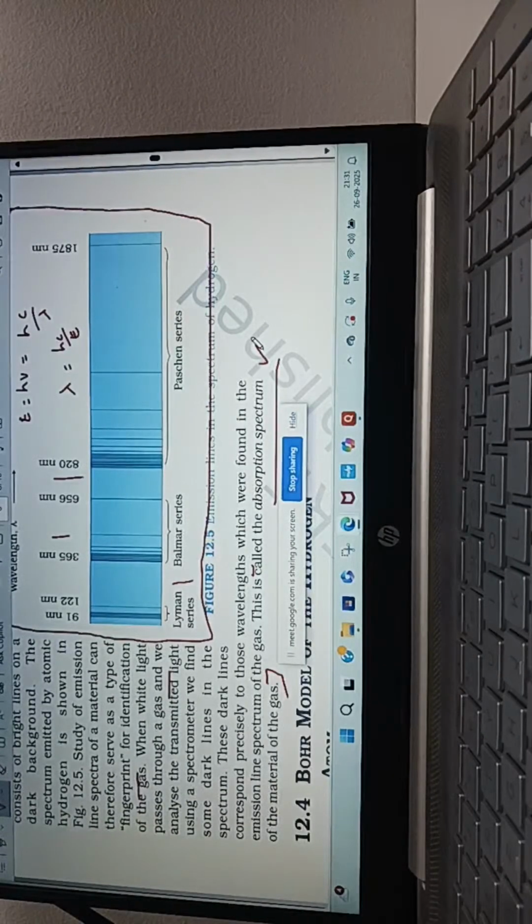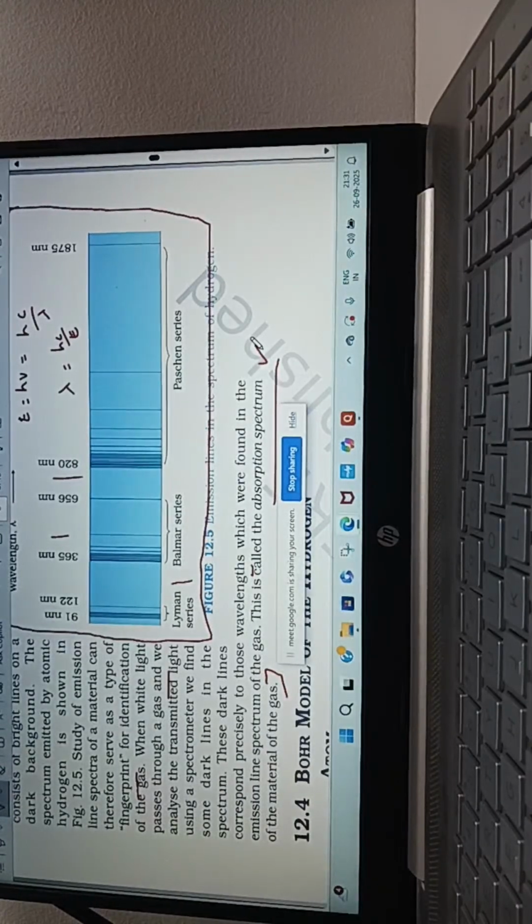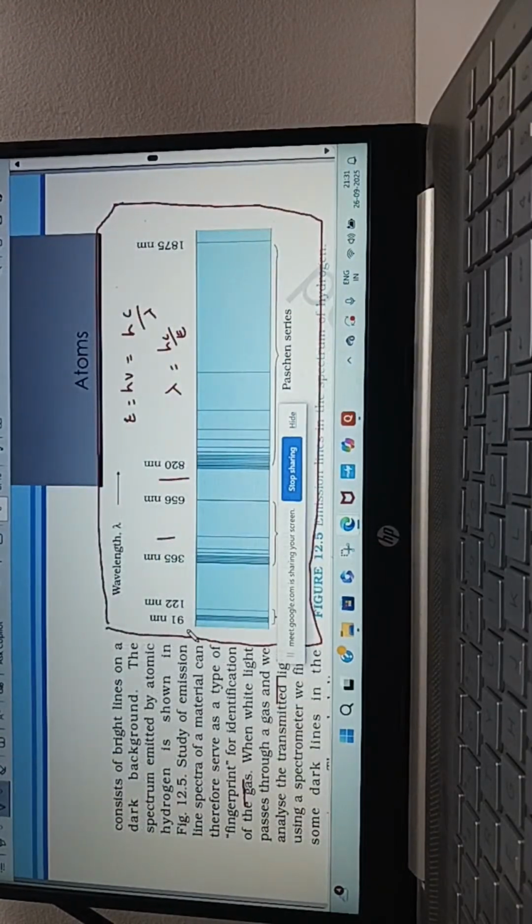Draw and describe three spectra, Lyman, Balmer and Paschen, with their wavelengths.